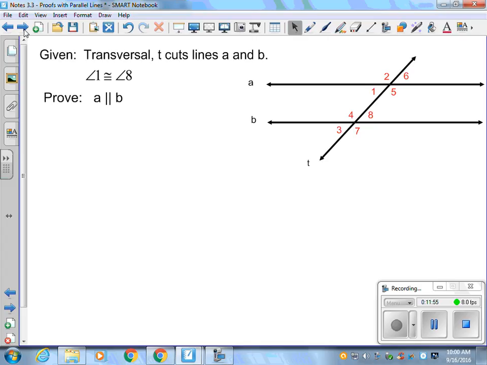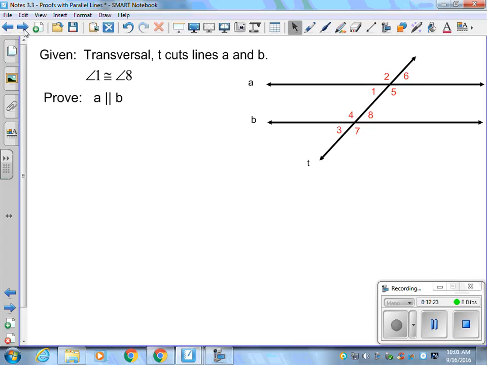Now, I've got a lot more angles on this picture than I need. I do not need all these angles to prove this, but this was a picture we already had somewhere else that had all the numbers on it, so I just wanted to use it again to make this question. And the nice thing about this particular question is there are a lot of perspectives I could use on how to work with it, and I could prove it.